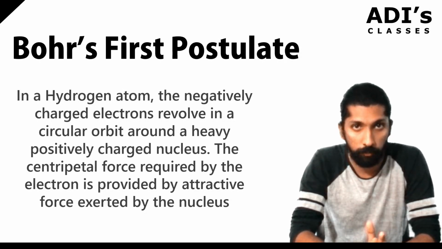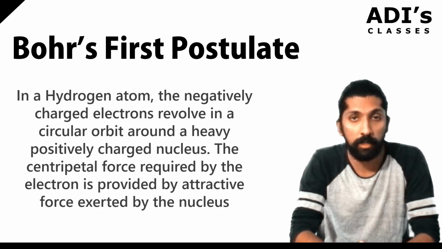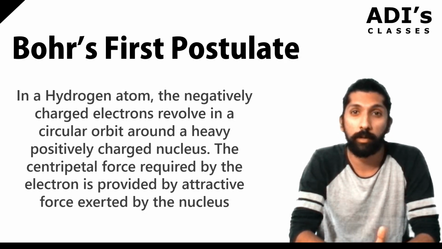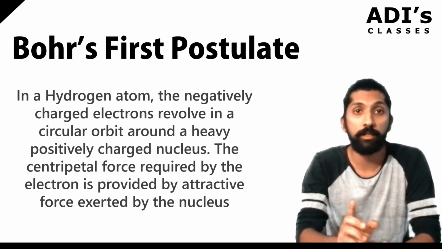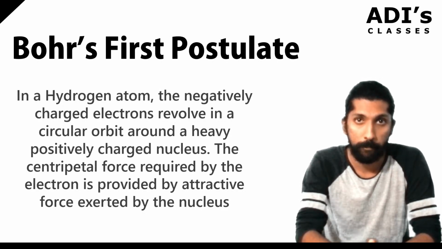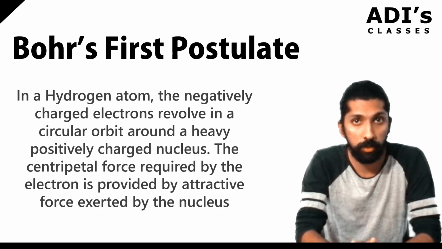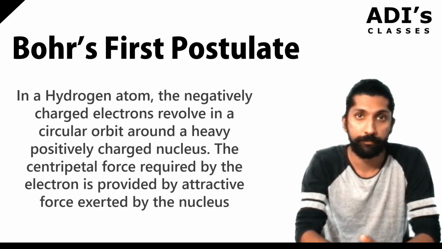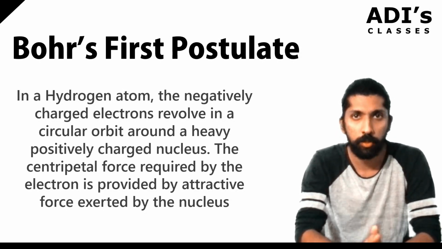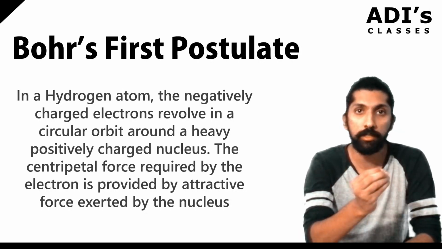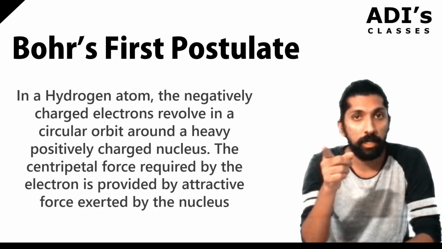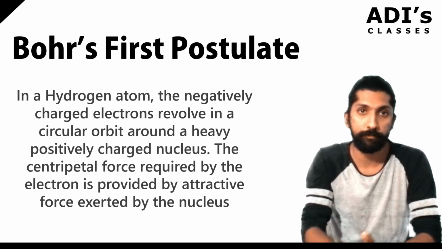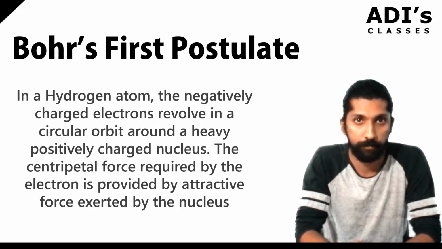The centripetal force required by the electron is provided by the attractive force exerted by the nucleus on it. Which is very simple. You have an electron, you have a nucleus. The centripetal force is given by the electrostatic force of attraction between them.